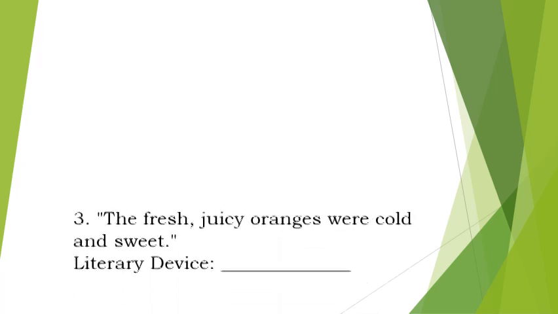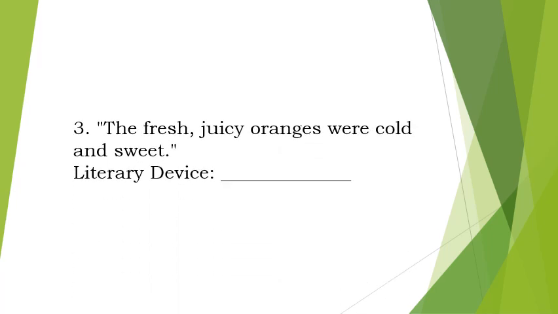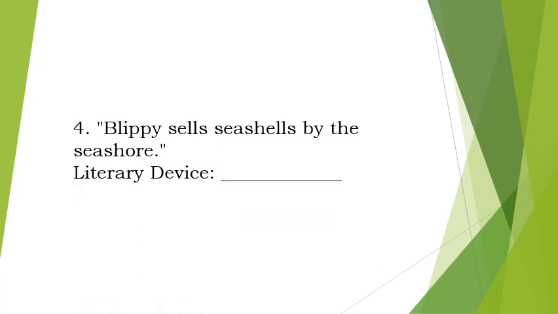All right, number 3. The fresh, juicy oranges were cold and sweet. What literary device is that? That is imagery. Juicy oranges. Number 4. Blippi sells seashells by the seashore.